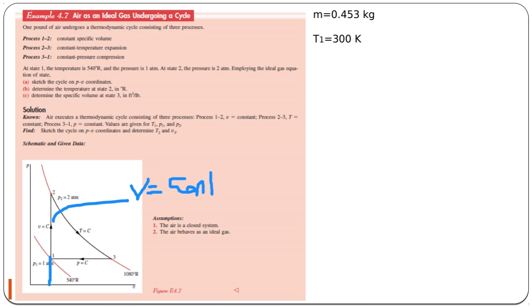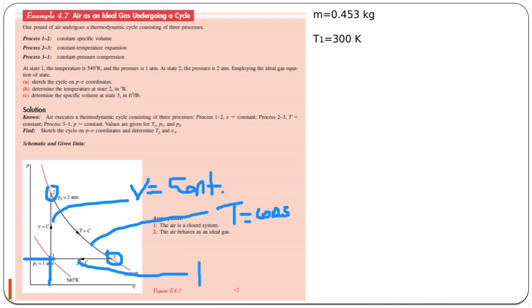Then the second process is from 2 to 3, and it says that this process is performed under constant temperature. And the third process is from 3 to 1, and as you can see, it is done under constant pressure.